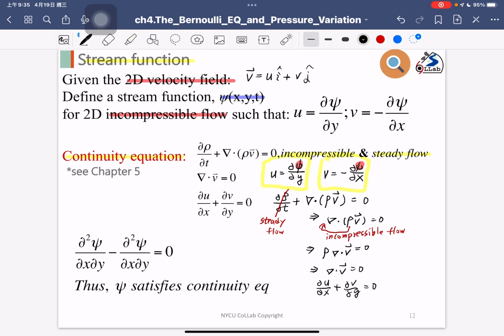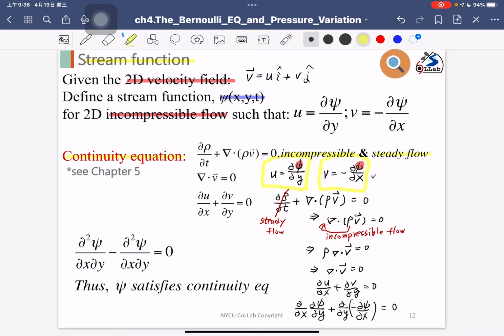So we can rewrite the function: I take the ∂/∂x outside, and inside is u, and u is ∂psi/∂y, plus ∂/∂y, and I put the v inside here, and it's minus ∂psi/∂x. And you can identify that it always satisfies 0, right? Because they are the same. You can see the final formula is here. So the psi function always satisfies the continuity equation because they are always equal to 0.